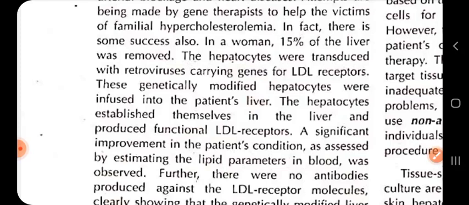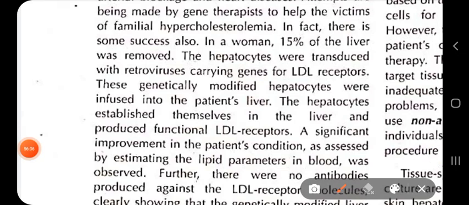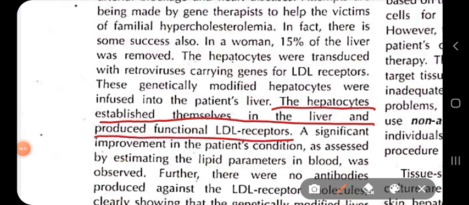We introduce the gene responsible for the LDL receptor into the hepatocytes, and then we check them for expression, whether the gene is being expressed or not within the laboratory, in vitro, and then we introduce those modified hepatocytes into the patient's liver again. Okay, now it is saying the hepatocytes establish themselves in the liver and produce functional LDL receptor.